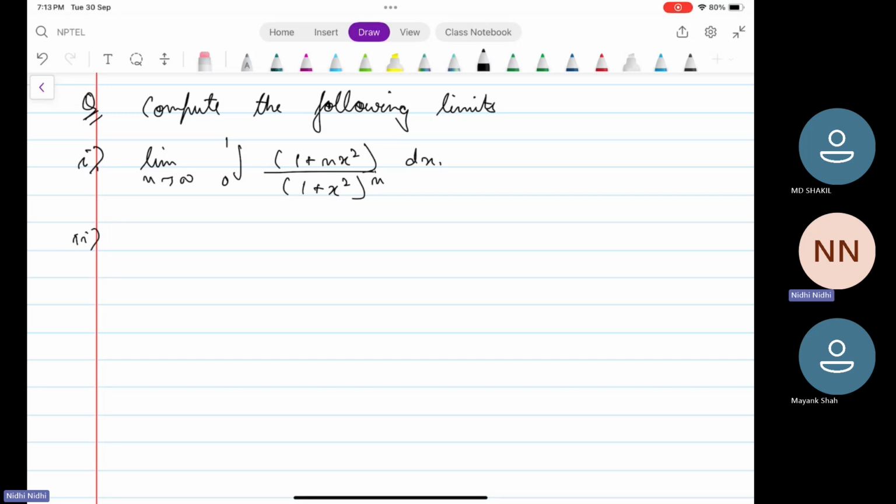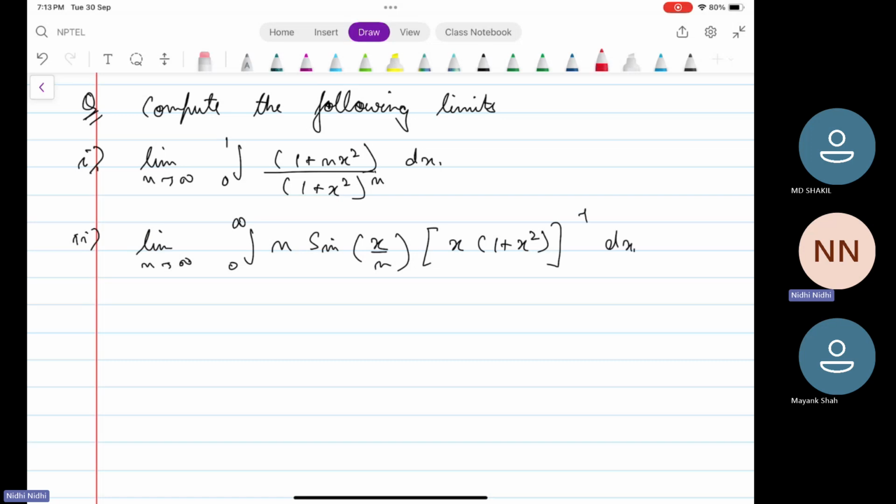Secondly, we have limit n tending to infinity, integral over 0 to infinity, n sine(x by n) times x into (1 plus x square) to the power minus 1, dx. So these problems might seem very complicated, but if you are well aware of the dominated convergence theorem, you'll see that these are very easy problems.